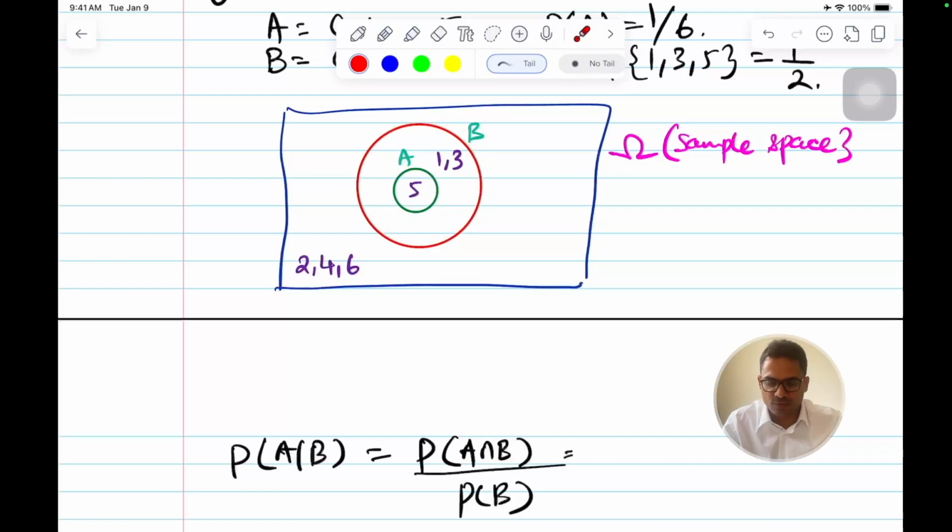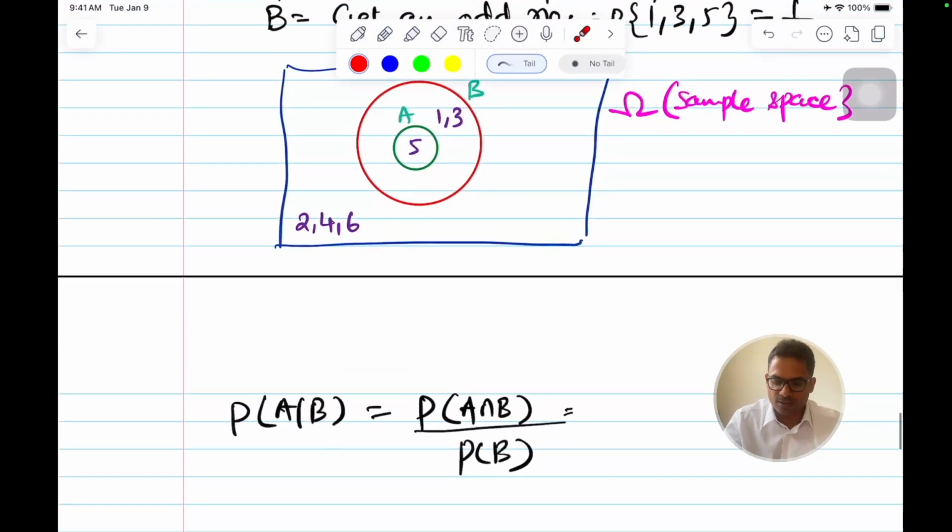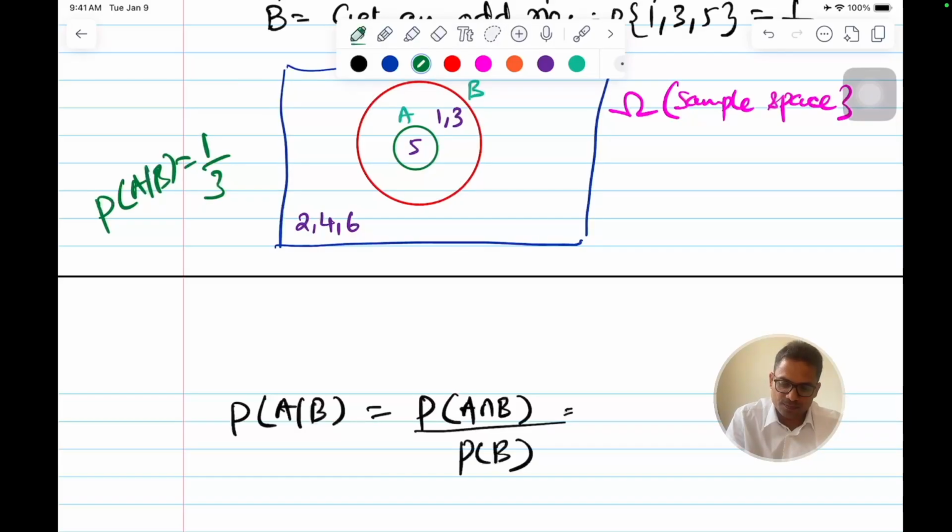From this diagram itself, what is the probability of getting 5 now? All the possible numbers are 5, 1 and 3. These are 3 numbers, and out of that I want to get 5. So now the probability has increased to 1 by 3. And we'll understand the same thing using the formula. So we know intuitively that the updated probability P of A given B is equal to 1 by 3. You can see from here.